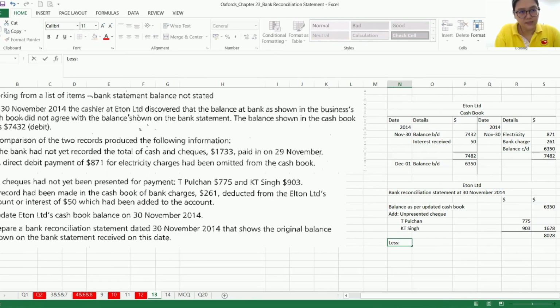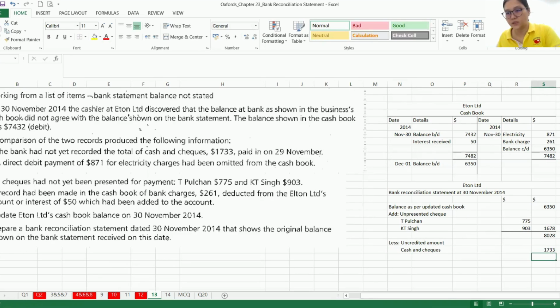And then less, what else? Less uncredited amount, which in this information, they say cash and cheque paid in on. This is the bank-in amount. We don't know what that is, we just put cash and cheque. The amount is 173. So we take this amount minus, and we get 6295.